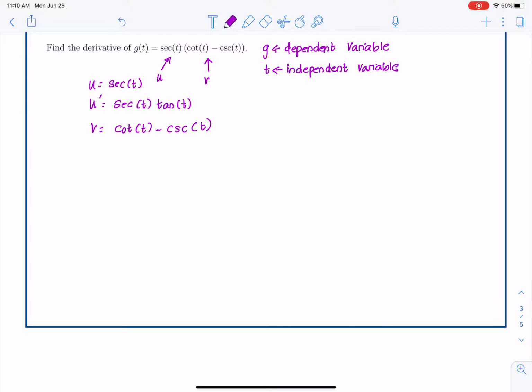We know the derivative of cotangent t is negative cosecant squared t, and the derivative of cosecant t is negative cosecant t times cotangent t.